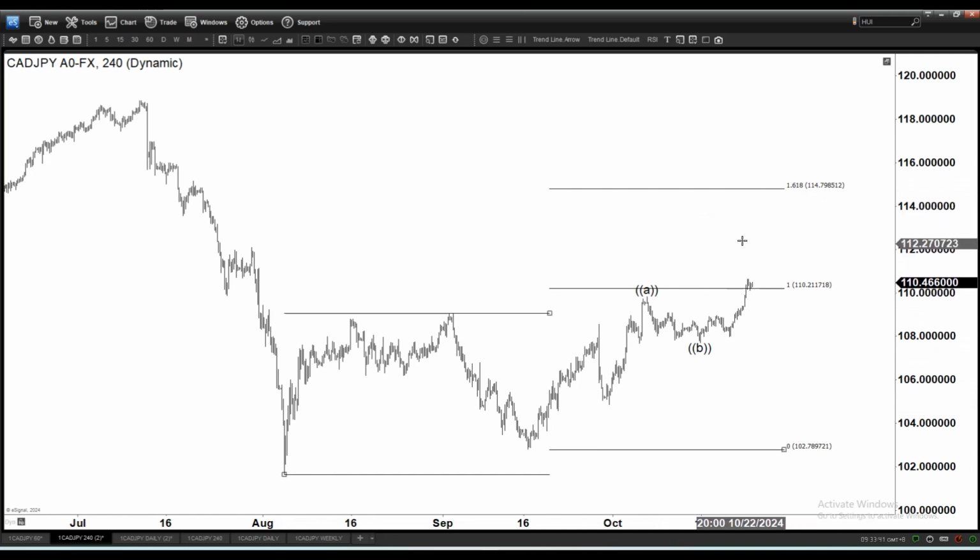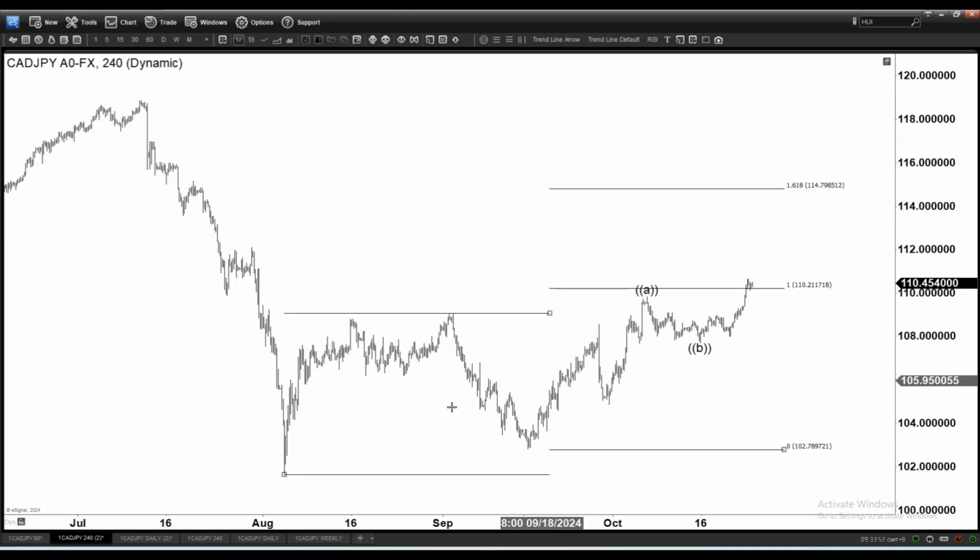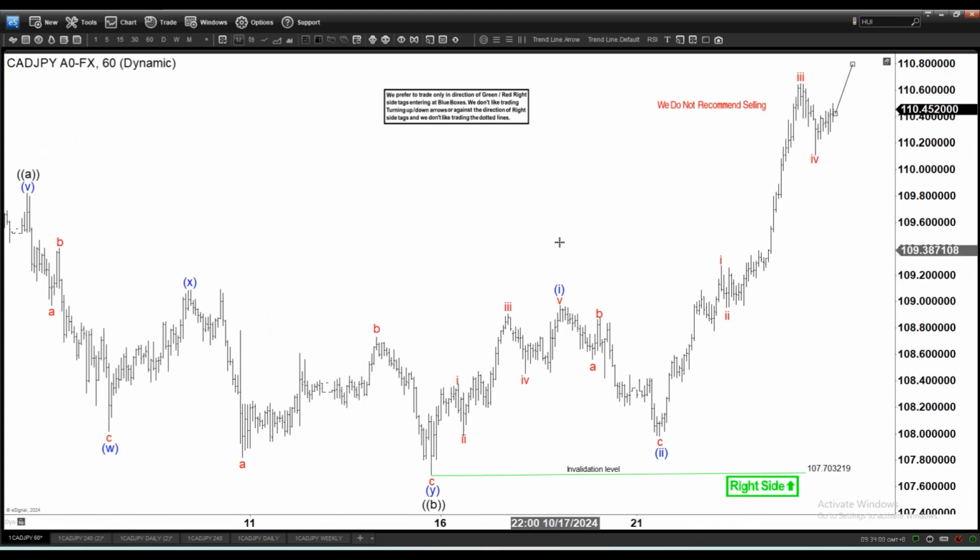We could possibly start to turn lower at any moment. Okay, so that is the idea here, guys, for the Canadian dollar yen. So basically we have reached the zone of inflection starting from August 2024, but in the shorter cycle the structure looks incomplete, so that's why we're still calling it higher.